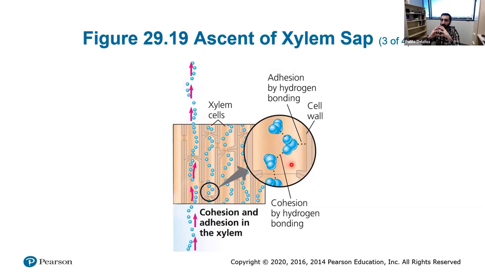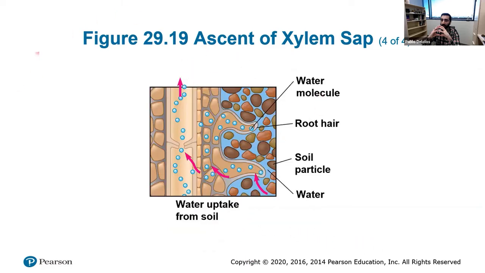And so through this combination of cohesion and adhesion, water can bind to itself. The water molecules all stick to each other. And through adhesion, sticking to the cell walls, it can climb up the xylem. Therefore, this explains how water that arrives from the bottom of the plant, the roots, climbs up. If water evaporates in the leaves, the water that evaporated is replaced by water right below it.